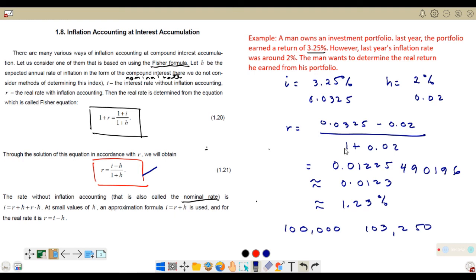Kaso, merong inflation na 2%. So, approximately, ang nag-gain mo lang talaga na interest sa kanya, imbes na 3 pesos and 25 cents for every 100, ang katumbas lang niya sa halaga niya from that time that you invested it is just 101,230. Okay?